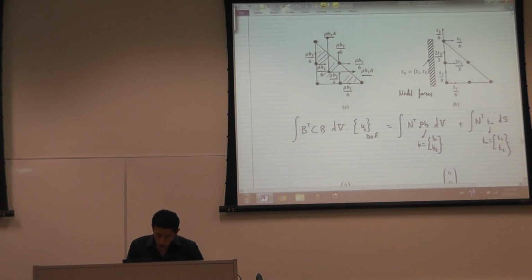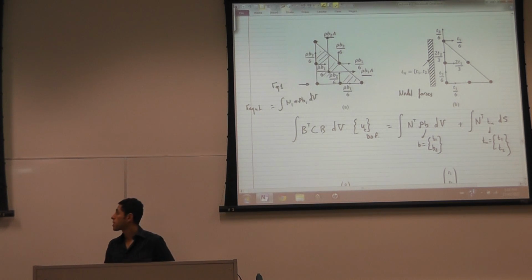So the equivalent nodal forces would be equal to the integral of N transpose rho B dV. So if I want to find F equivalent 1, it will be equal to the integral of N1 multiplied by rho B1 integrated over the volume of the element.